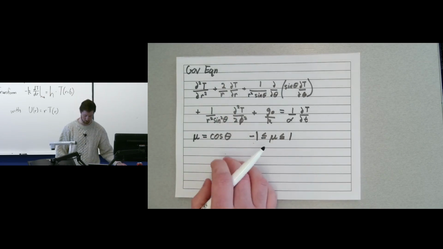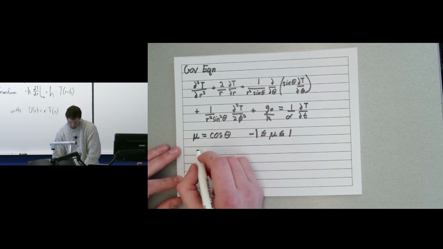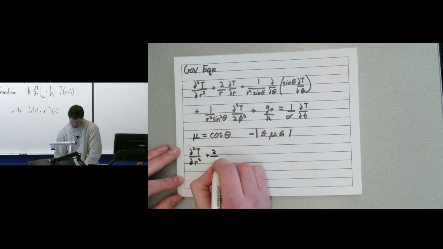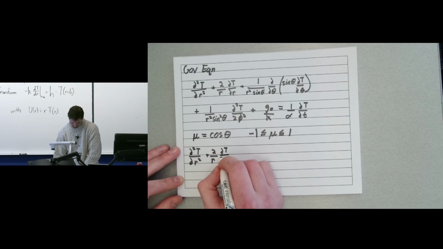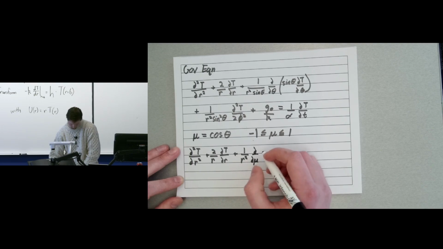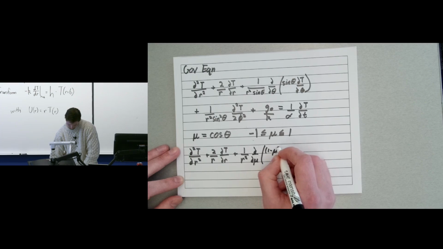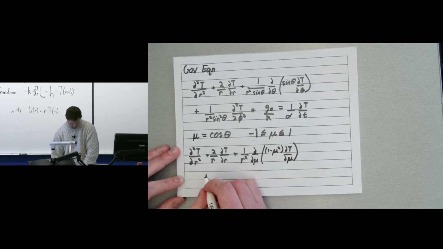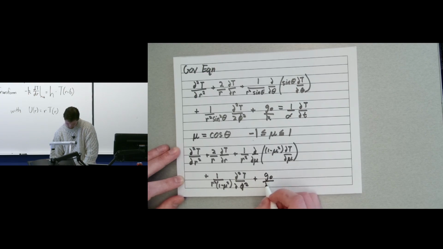Okay? And so when we plug it back into the equation, we're going to now have it in the form of the partial derivative of temperature with respect to R plus 2 over R, this first part just going to be the same, plus 1 over R squared, partial derivative with respect to mu of 1 minus mu squared, partial with respect to mu, plus 1 over R squared, 1 minus mu squared, second partial with respect to phi, plus our generation term is equal to our transient term.